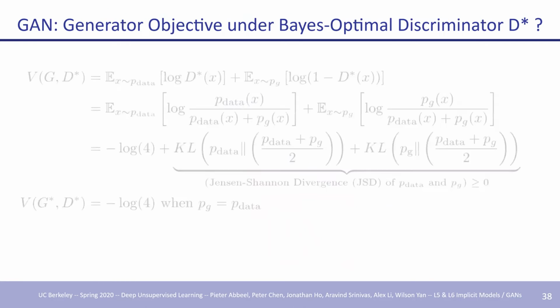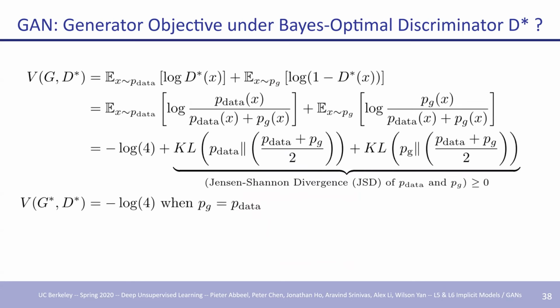Interestingly, what happens if we move the optimal discriminator back into the original loss function is that it becomes the expectation of log of p data, blah blah, and then the expectation of log of 1 minus this.